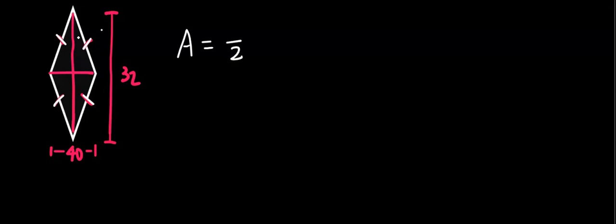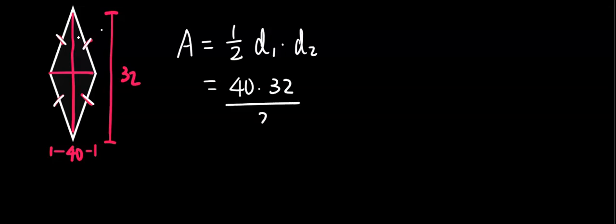That is 1/2 times diagonal 1 times diagonal 2. Diagonal 1 is 40. Diagonal 2 is 32. Times 1/2, that is divided by 2. Let's see what we have. 640, and we have units squared.